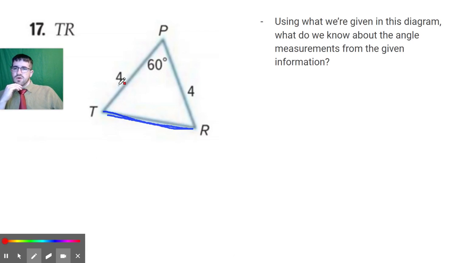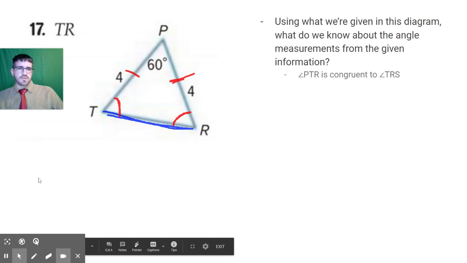However, we see that segment PT is 4 and segment PR is 4, meaning that the measure of these lengths, these segments are the same, and therefore they are congruent. And once we have congruent segments, you guessed it, these angles are also going to be congruent.